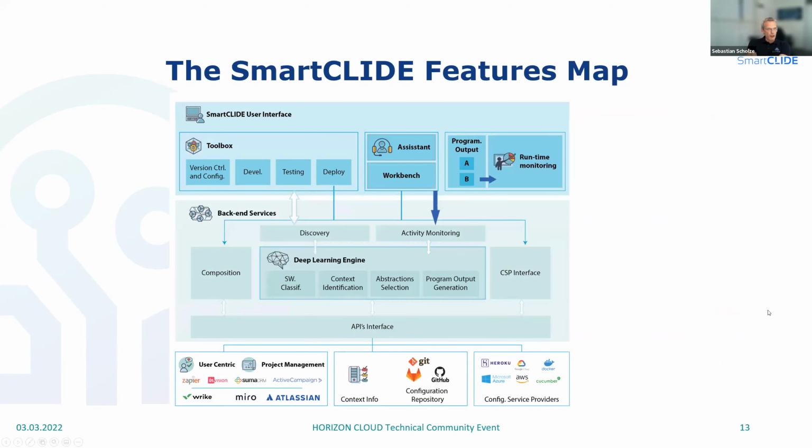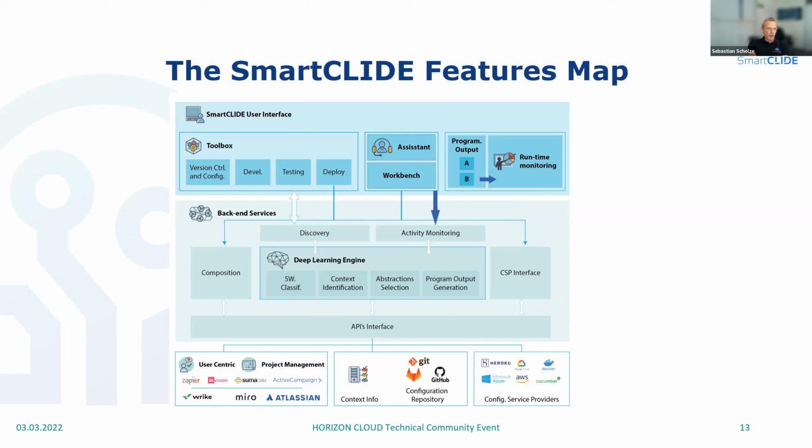When you look at the feature map, on top we have the SmartCLIDE user interface. It is based on Eclipse Che, and then we are adding several extensions and plugins so that we can have our functionalities on top of Eclipse Che.